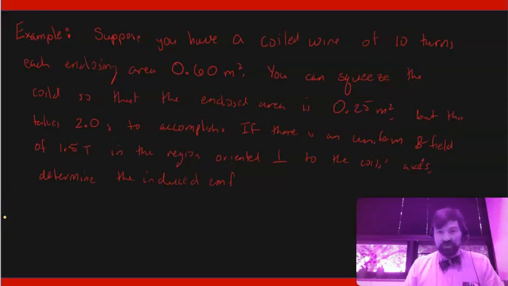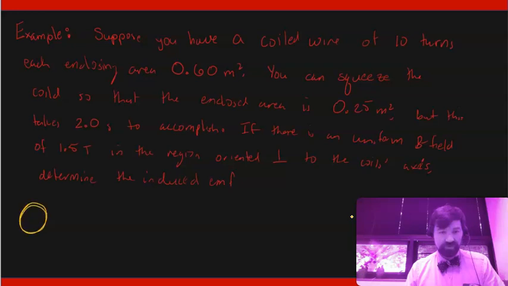So with those two little caveats said, we're ready for our example. So let's say that we have a coiled wire with 10 turns, each encloses some known area, and we squeeze the wire so that the enclosed area is reduced from 0.6 square meters to 0.25 square meters. But this whole process of squeezing takes 2 seconds to accomplish. In the nearby region we have a uniform magnetic field of 1.5 Teslas, which is perpendicular to the coil's axis, and we want to determine the induced EMF.